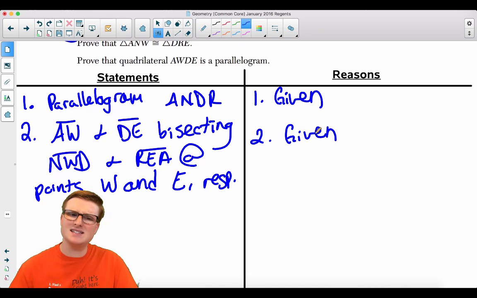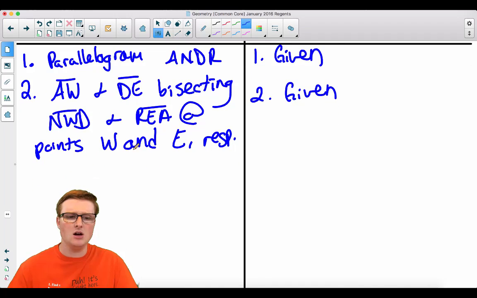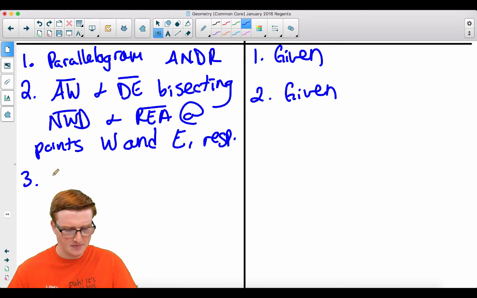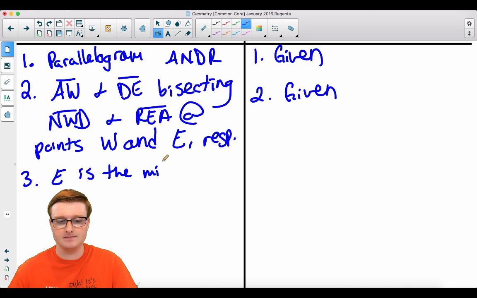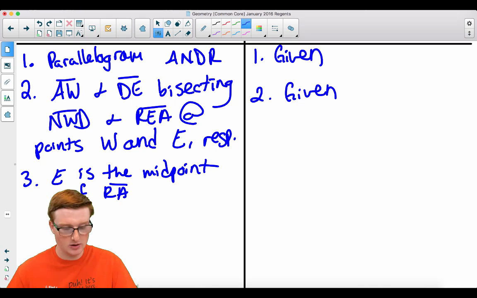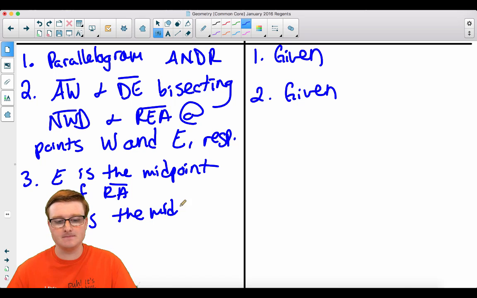Now, what does a bisector prove? Okay, well, we're going to say that E is the midpoint of RA. And we are going to say that W is the midpoint of ND.